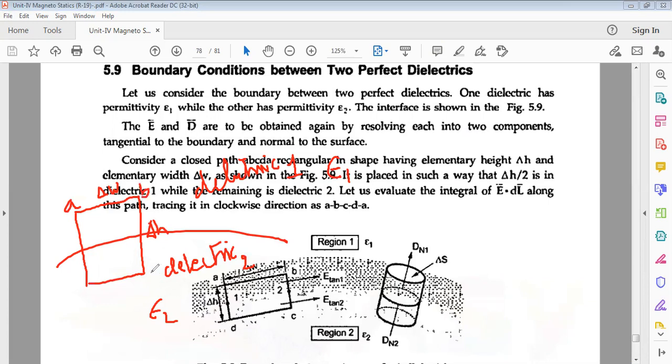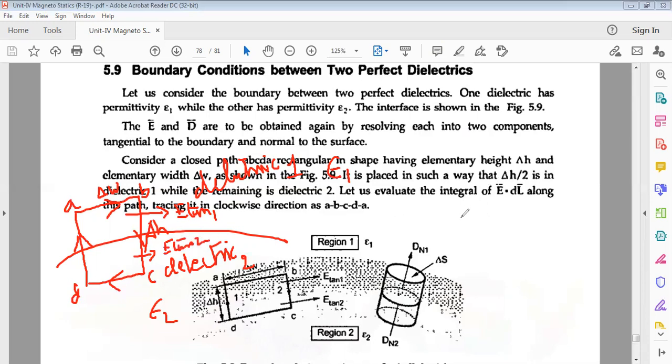ABCD: AB is in one direction, CD in the opposite direction, BC in one direction, and DA in the opposite direction. Here the tangential component in dielectric 1 is E tan 1, and in dielectric 2, E tan 2.